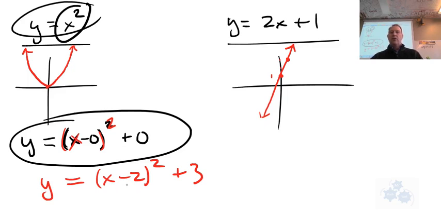So this one is going to go, let's take the vertex, to the right 2 units. And the y value, this is the k value, is going to go up 3. So 1, 2, 3. That's going to be our new vertex. You see that? That's what this one should look like.